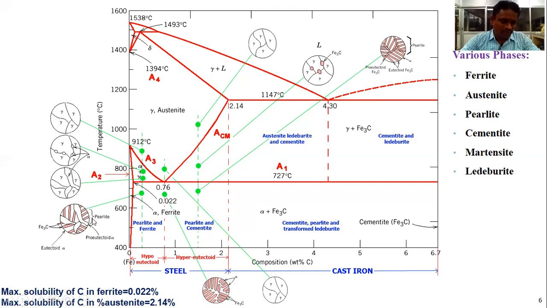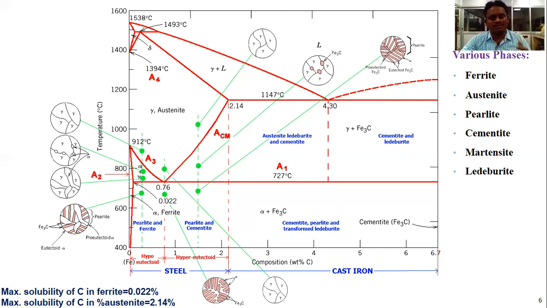As the temperature increases, the dissolution of carbon in alpha iron also increases and reaches 0.022 weight percentage of carbon at 727 degrees centigrade. Since it consists of a very limited amount of carbon, it is ductile in nature and also magnetic.